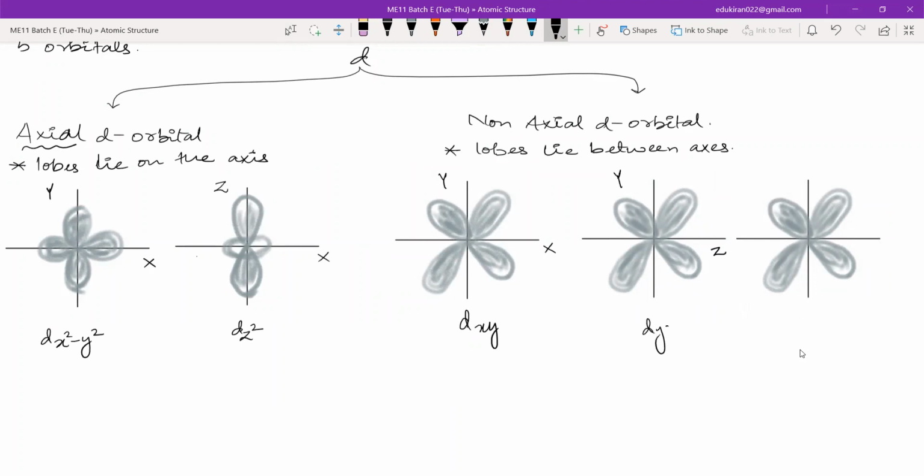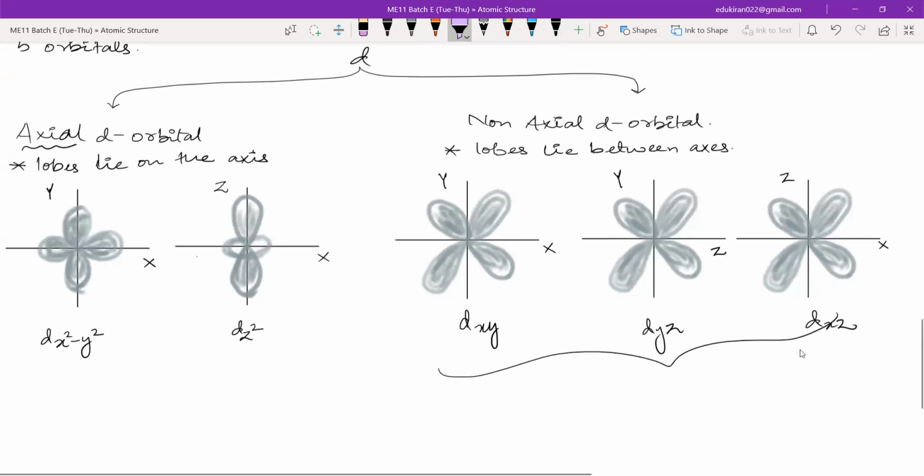So this will be d yz. This is the x-axis and this is the z-axis, and this will be d xz. Okay. So these are the three.